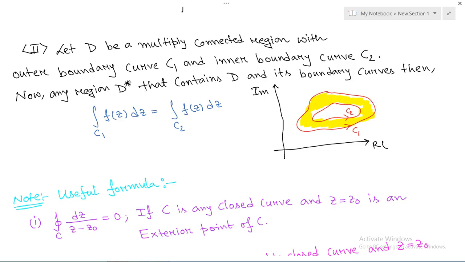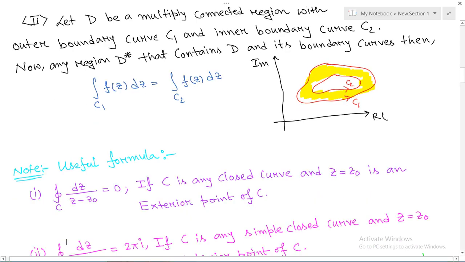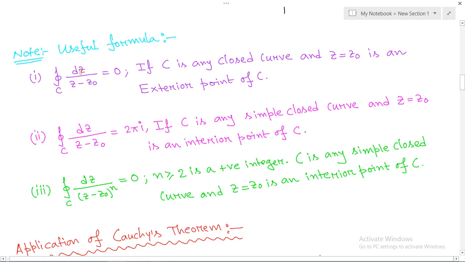Now let us come to some useful formulas that we are having with us, and these are very useful for solving some practice problems. The first formula says that the integration over the closed curve C of dz upon z minus z0 must be 0, that is, if C is any closed curve and z equals z0 is an exterior point of the curve C. Basically this comes from the direct concept of Cauchy's theorem.